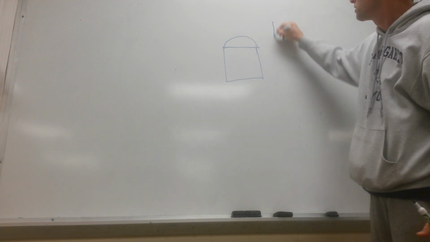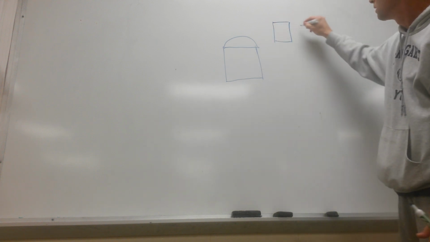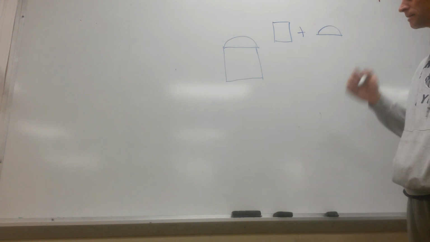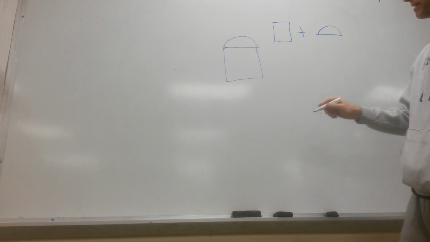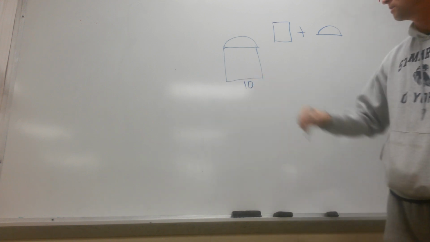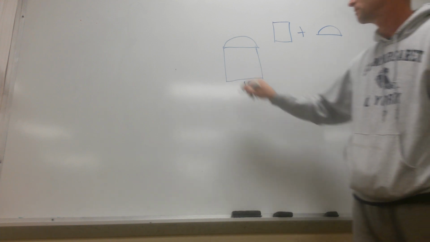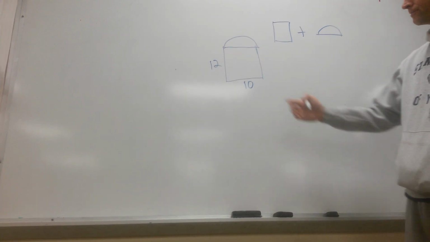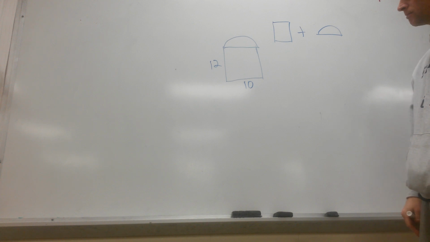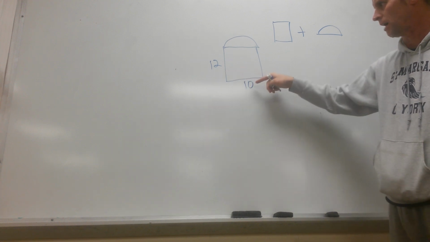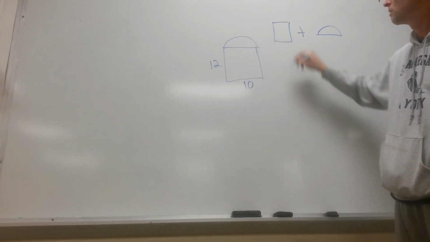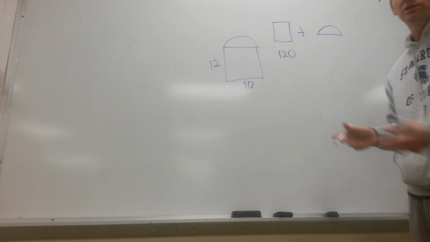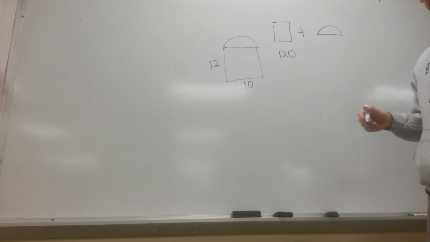Well, it's how much space the rectangle takes up plus how much space the half circle takes up. That's it. Okay, so let's say that this is 10 units wide and this is 12 units high. Well, how much space does the rectangle take up? Easy. Base, 10, times height, 12. 120.